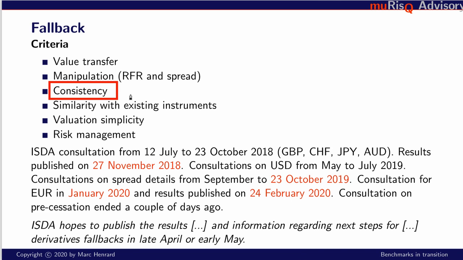Then there is a more subtle consistency for a given LIBOR on a given date. Let's say I take US dollar LIBOR 3 months fixed on the 18th of August 2022. Do I have that this rate will be the same for all the derivatives fixing on that specific date?